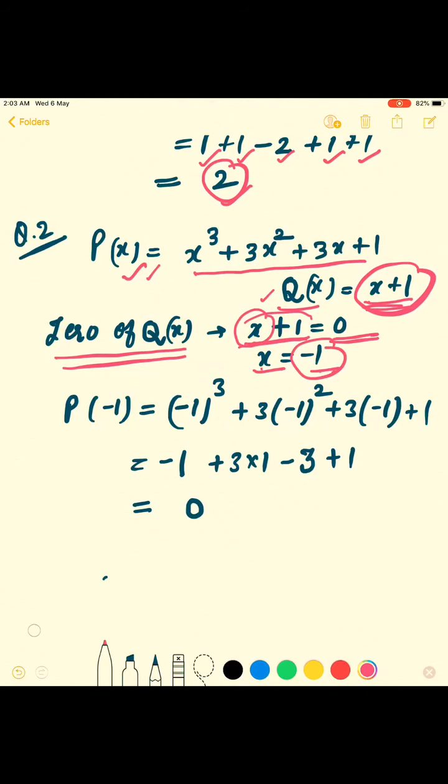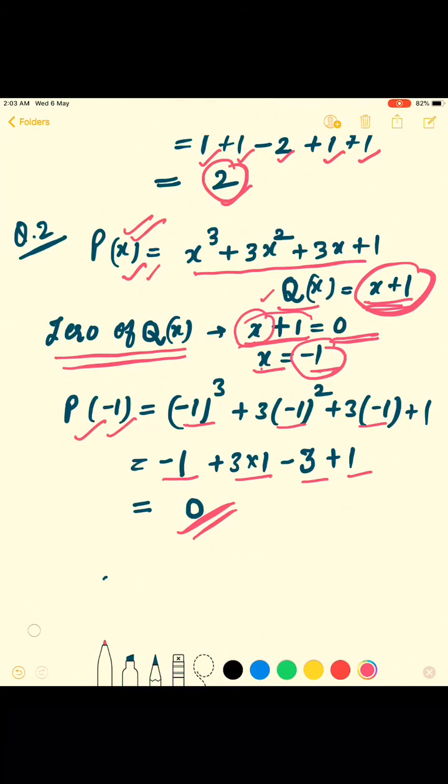Now this minus 1 I will put in place of x in the polynomial. So that will be my remainder. On the right side also I am putting x equals minus 1. So here this comes minus 1 plus 1 as it is, and I am getting this as 0. It means the remainder is 0.